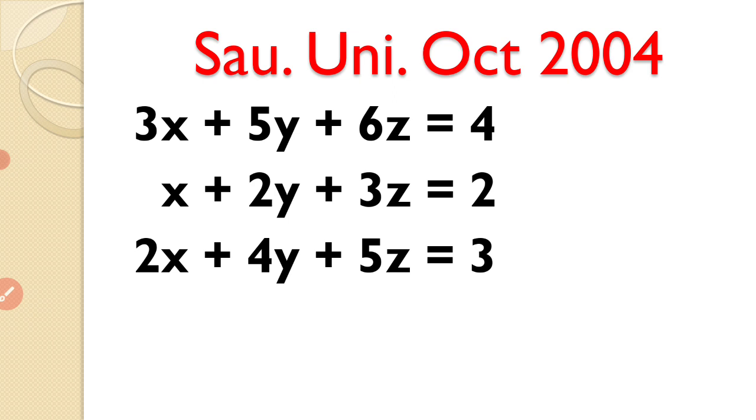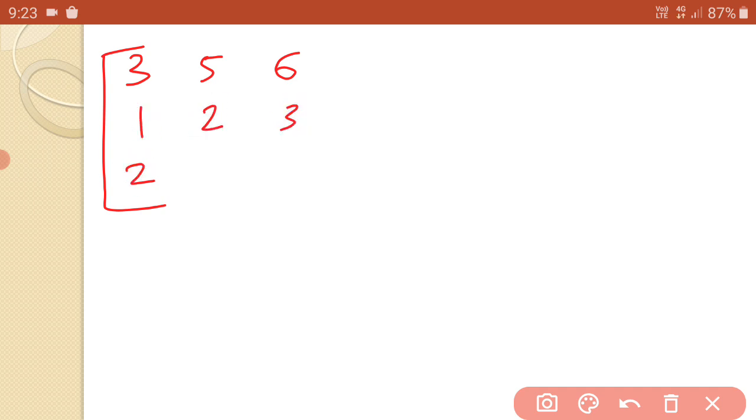When the 3 equations are given, first you write the coefficients of x, y, z. So 3, 5, 6, 1, 2, 3, 2, 4 and 5.